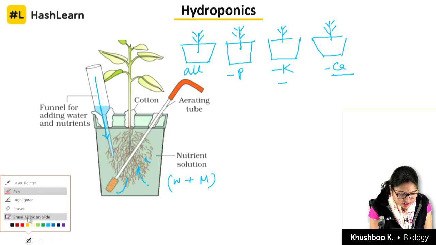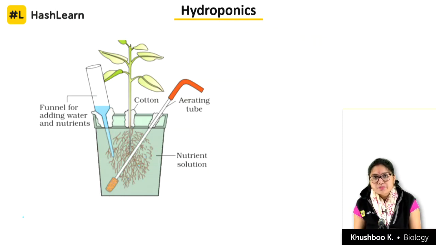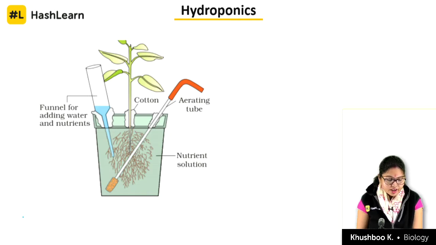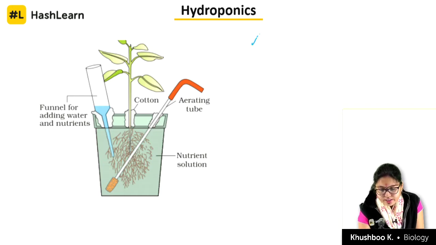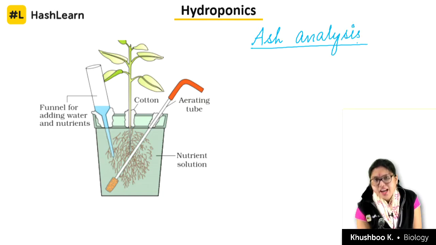Other than this, if we talk about the nutrients, what are the nutrients present in a plant? For that we have what is called plant analysis. This hydroponics comes under plant analysis only. So in that there is another technique that is called ash analysis, okay, ash analysis.